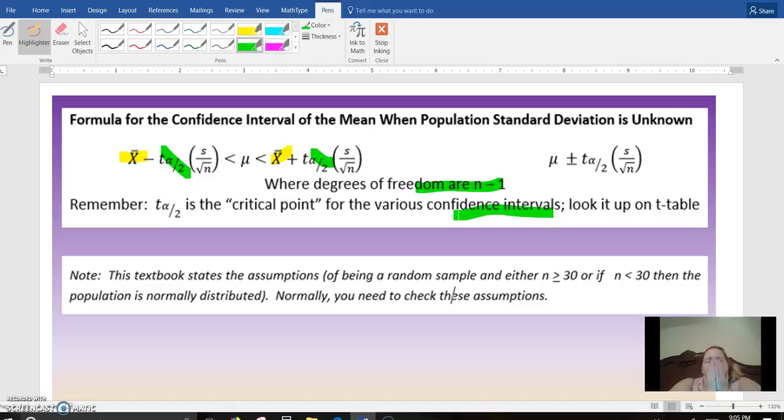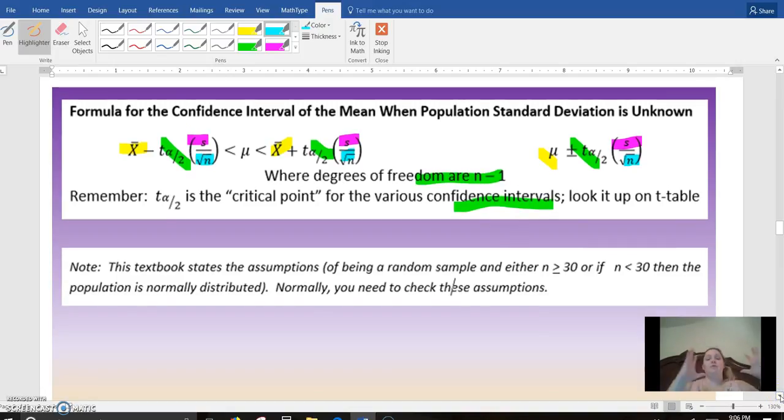Unlike before, when we had z alpha over 2, we had those three numbers and we just went back and forth, back and forth. All right, then we have our sample standard deviation, and then we have the number of items in our sample.